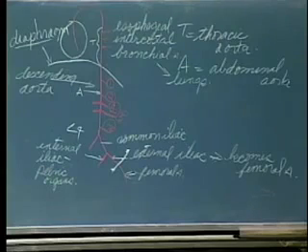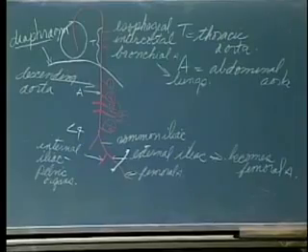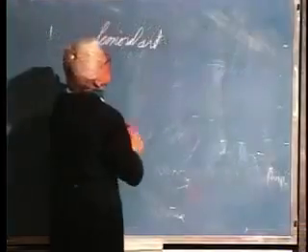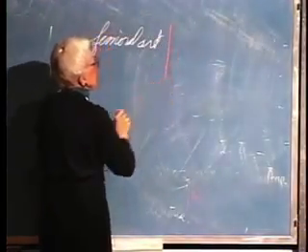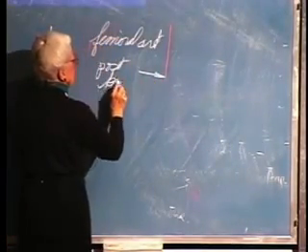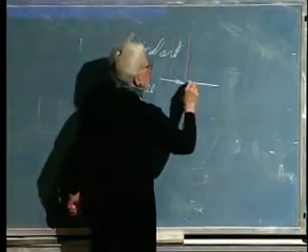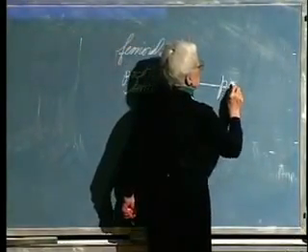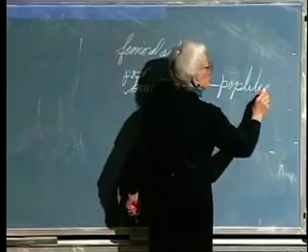Now the femoral artery will go down the thigh, and at the posterior aspect of the knee, it'll be called the popliteal artery.